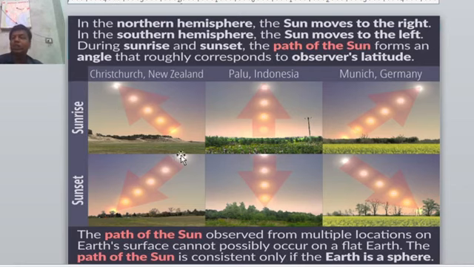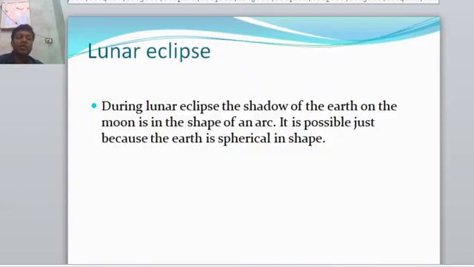If Earth is flat, definitely we would have a scenario like that. The path of the sun observed from multiple locations on the Earth's surface cannot possibly occur on a flat surface. The path of the sun is consistent only if Earth is a sphere. So it is also proved here that Earth is spherical.